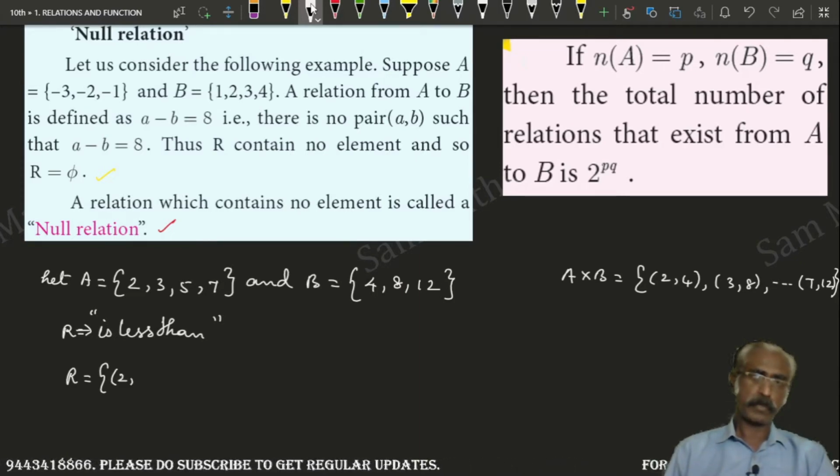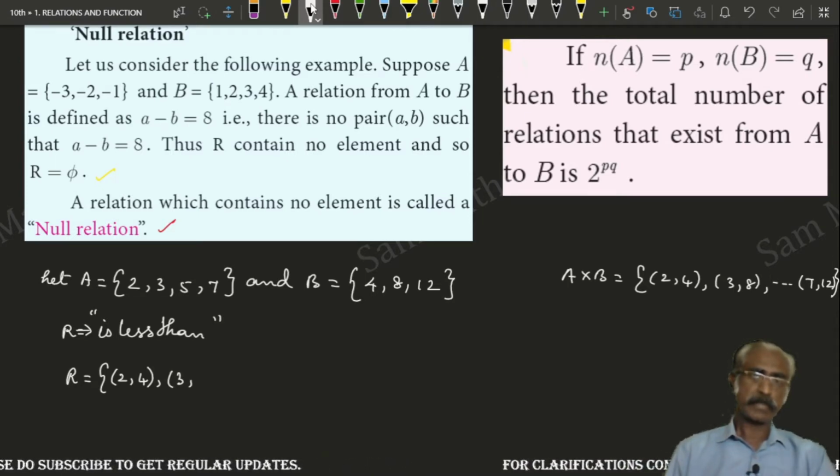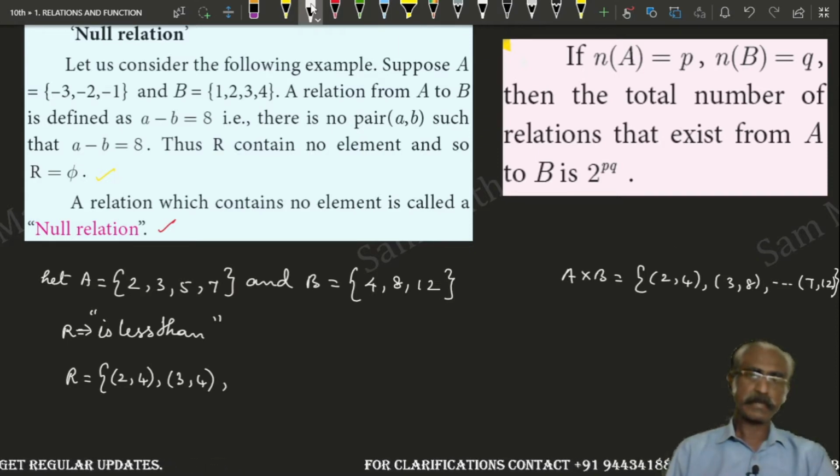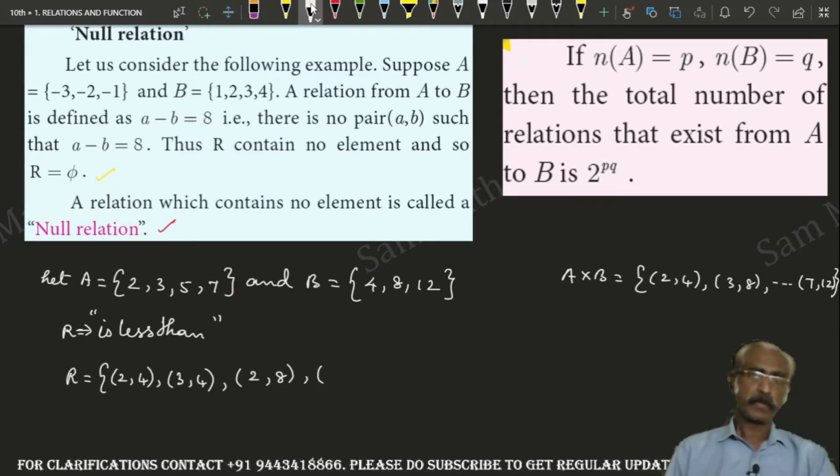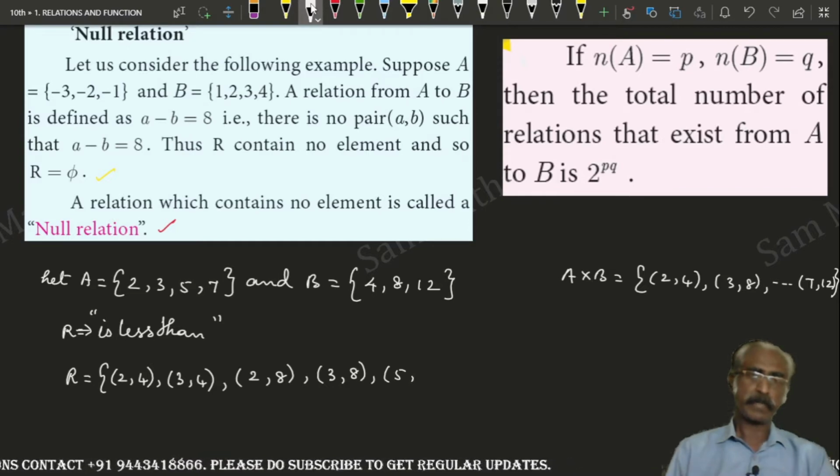So I can write (2, 4). 3 is less than 4. 5 is not less than 4. I can't go for that. Next I am taking (2, 8) since 2 is less than 8. Next (3, 8), (5, 8), (7, 8). Clear, students?